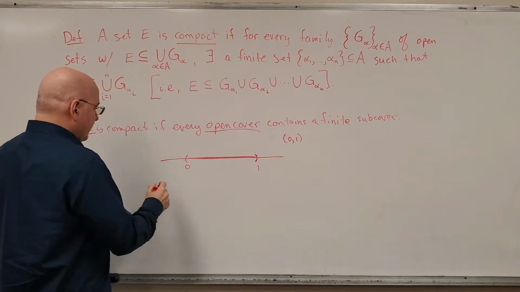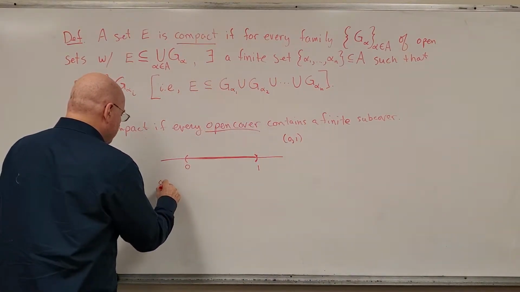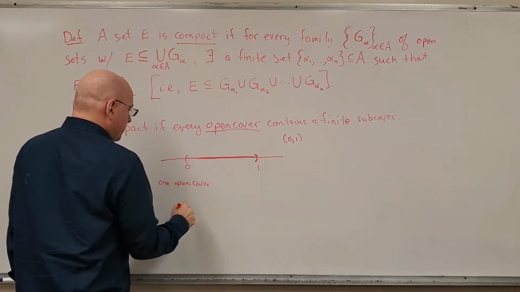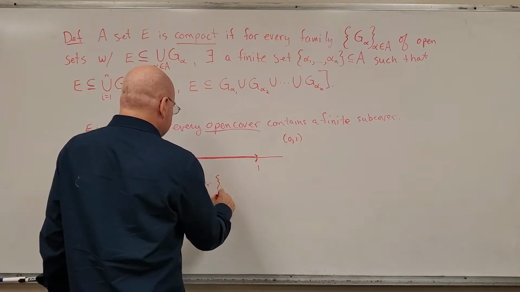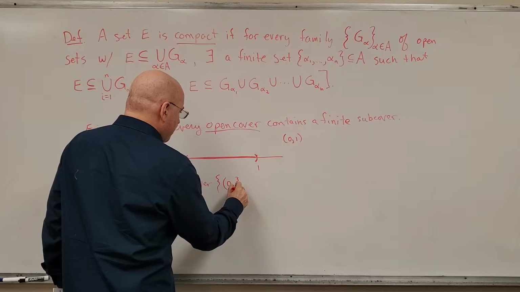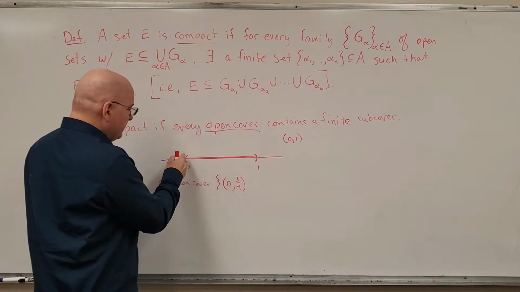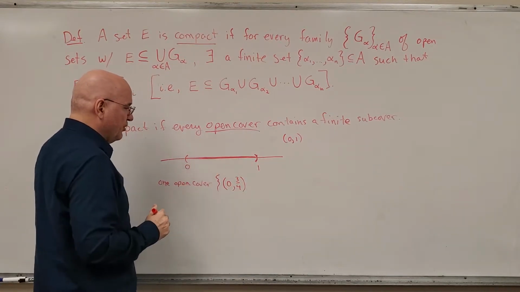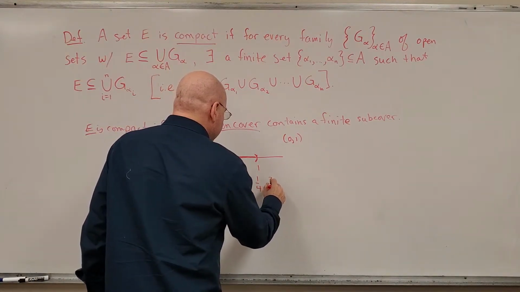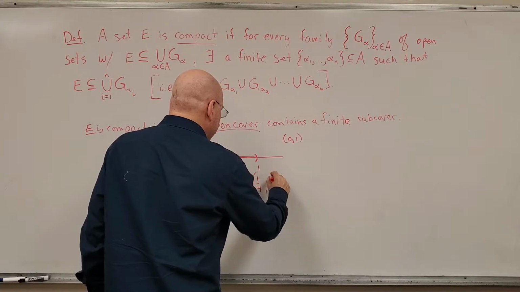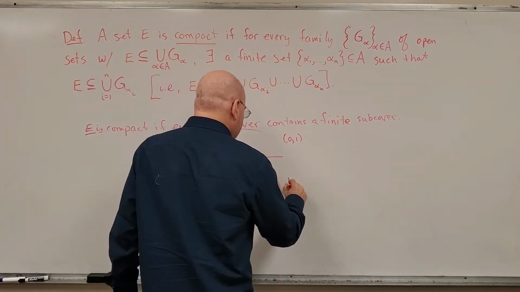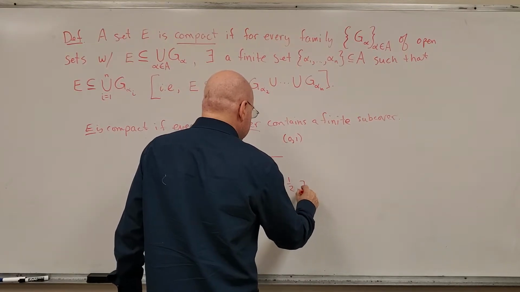One open cover I can think of would be this collection of sets. 0 to 3/4, the open interval, and I could even go from 1/4 to 3/4. And the last one I'll say goes from 1/2 to 2.